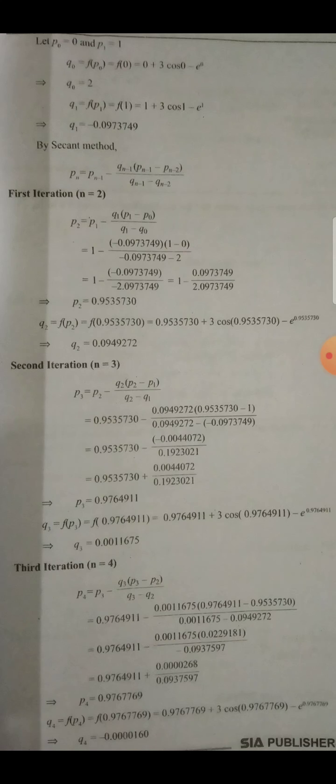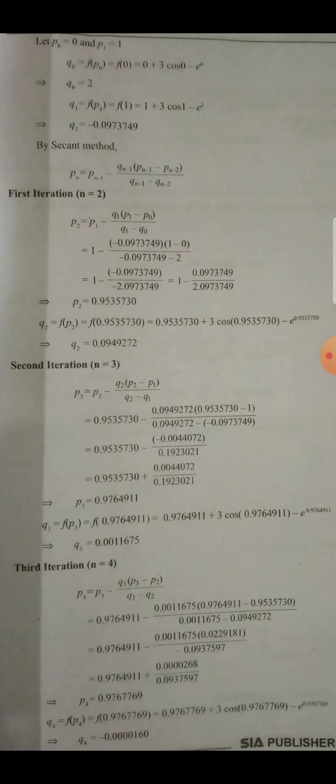q4 equals f of p4 equals f of 0.9767769 equals 0.9767769 plus 3 cos of 0.9767769 minus e power 0.9767769.